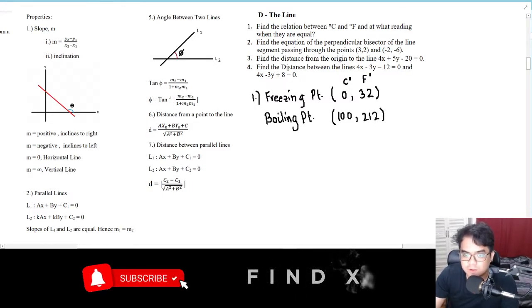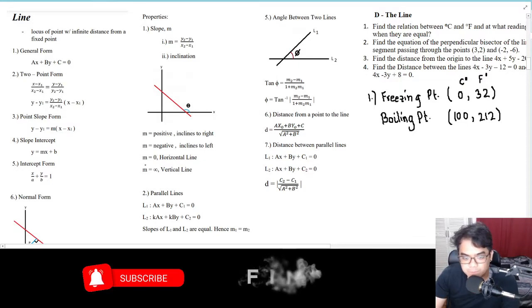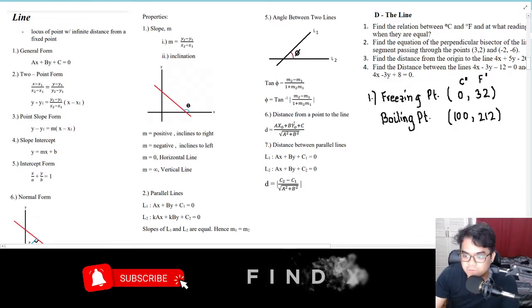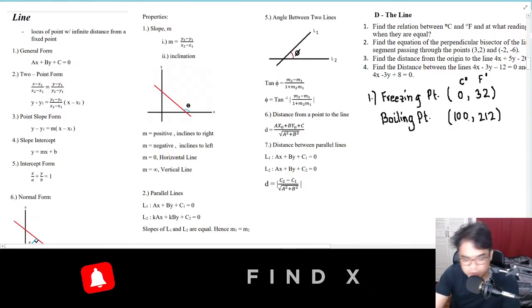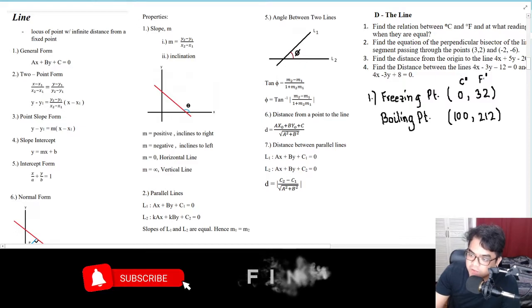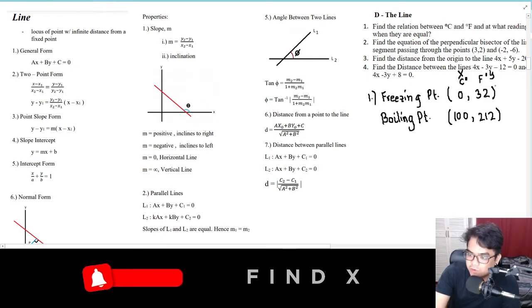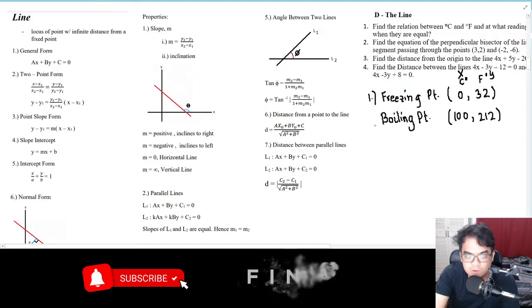So what will happen here is, since the relationship is, or if you graph their findings, the 0 to 32 and 100 to 212, that is a line. Therefore, the C and the Fahrenheit will act as your X and Y. Your X will be C, the Celsius, and your Y will be the Fahrenheit.